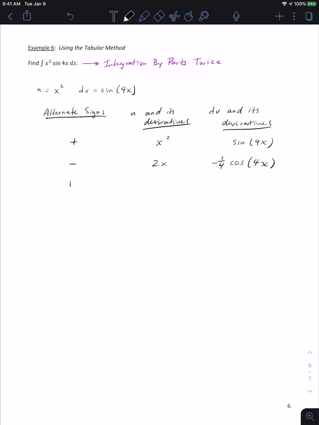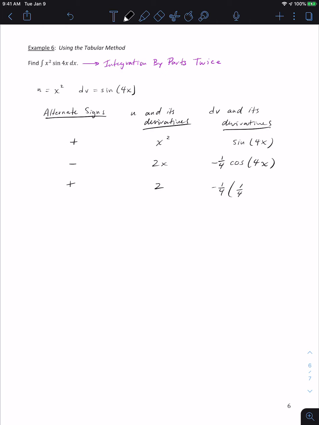And now I alternate signs. Go plus. I take the derivative of 2x here, which gives me 2. And now I take the antiderivative of this. The negative 1/4 hangs out for the ride, because it's a constant. And once again, when I take the antiderivative, I get a 1/4 because I need to chain on the opposite of what the derivative would be.